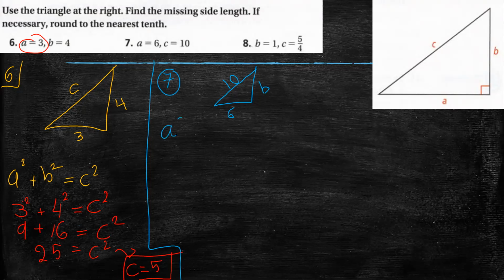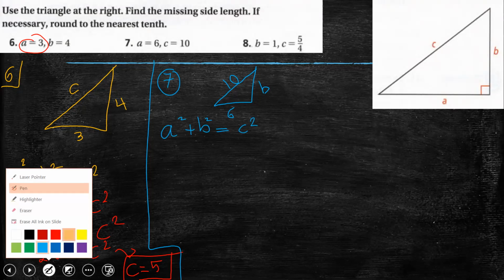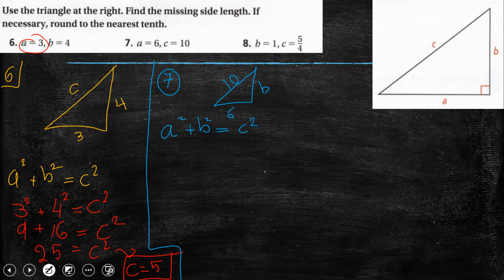So A squared plus B squared equals C squared. Where is A? 6. It is 6 squared. Where is B? Unknown. And where is C? 10. Exactly.